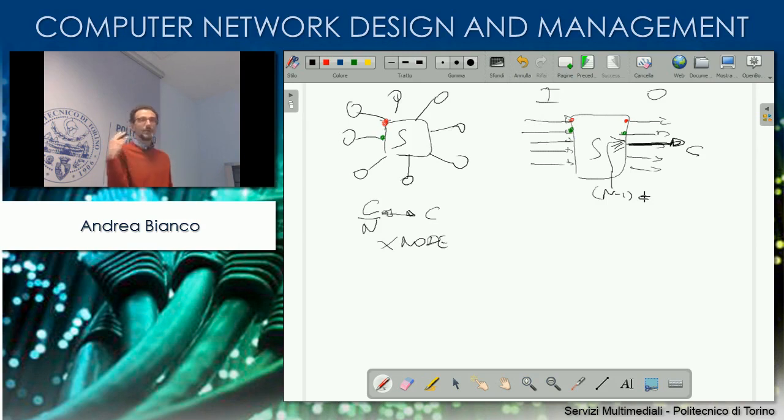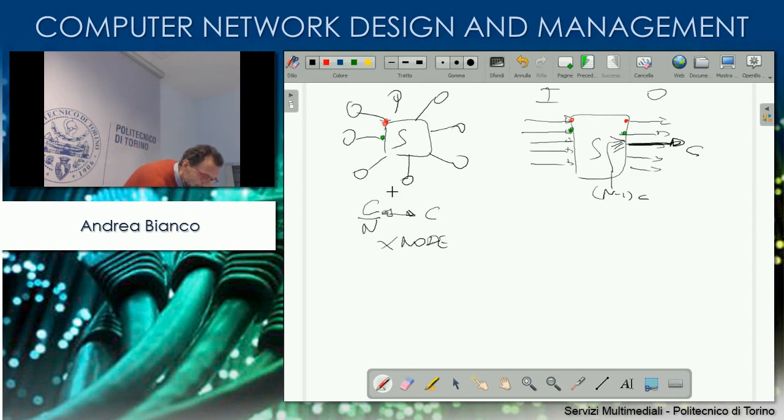But all of the other n-1 nodes may load this link at n-1 times C. So we have a potential overload and congestion by a factor of n-1. That's the worst case, in which you don't gain anything. We go back to C over N, roughly speaking. So we are coming back to the case of a single LAN. Okay, that's the worst case.